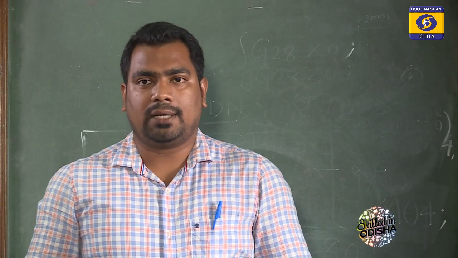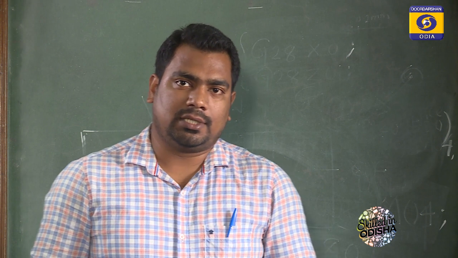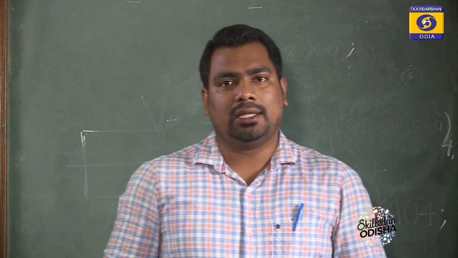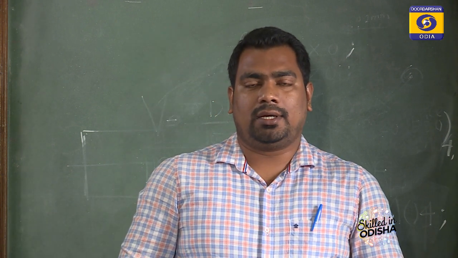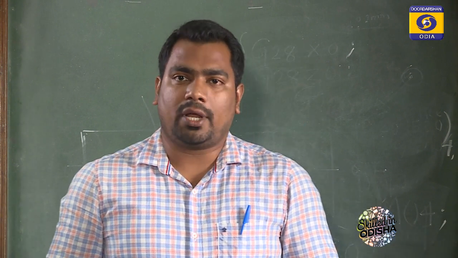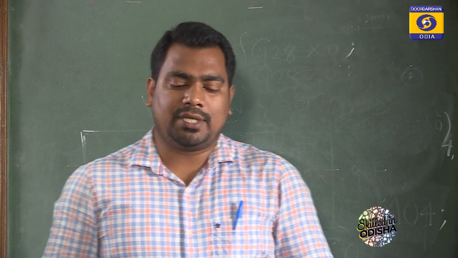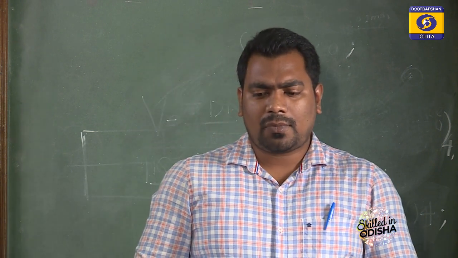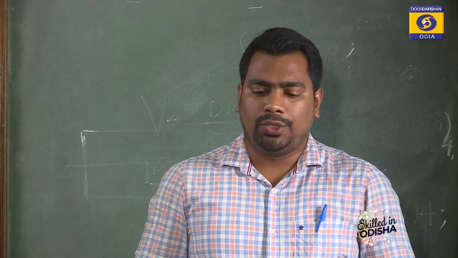So students, we have learned the facing operation, how to write a facing operation, in this class. In further classes we will see how to write a turning program in CNC. So I am giving an assignment to you.